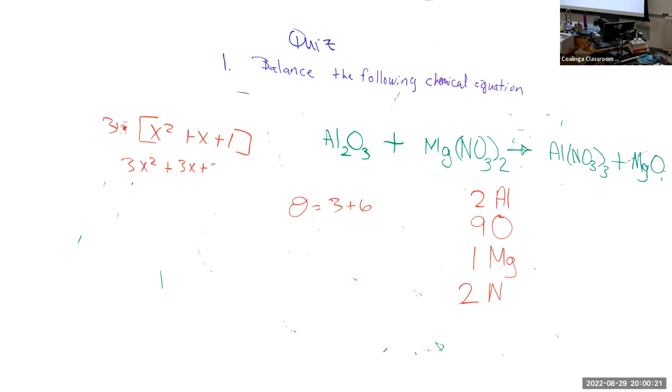Okay, on the other side, how many nitrogens do I have? 3. How many magnesiums? How many oxygens? 7. 10. 4. And how many aluminum? Okay, 3 plus the 1.